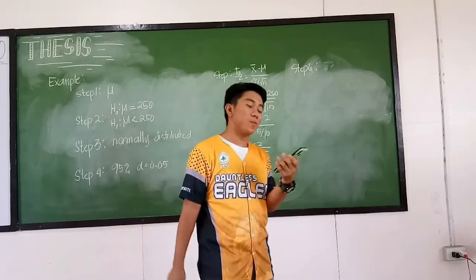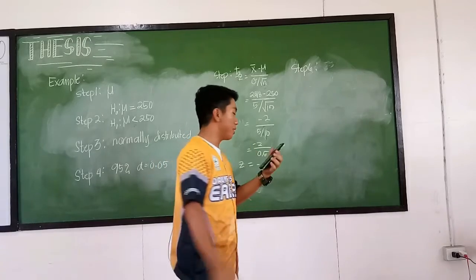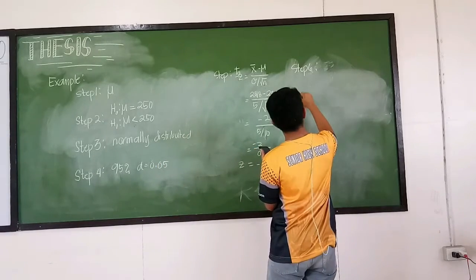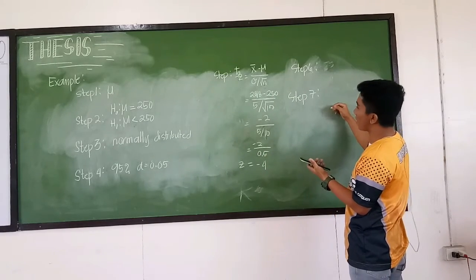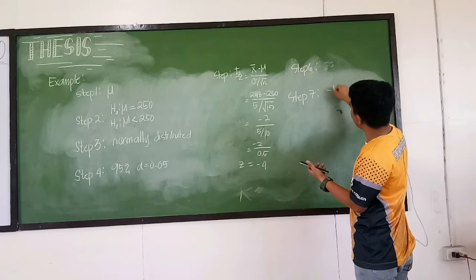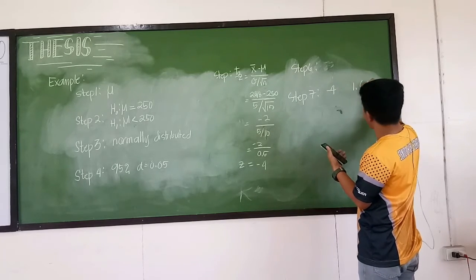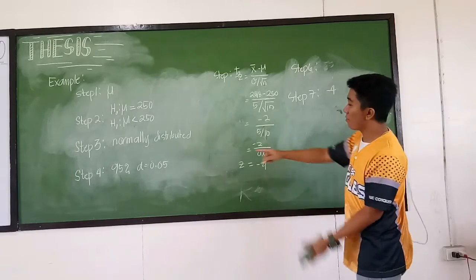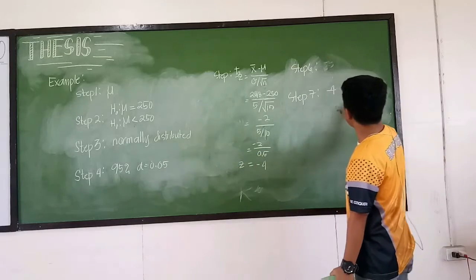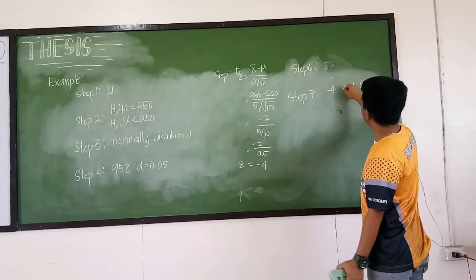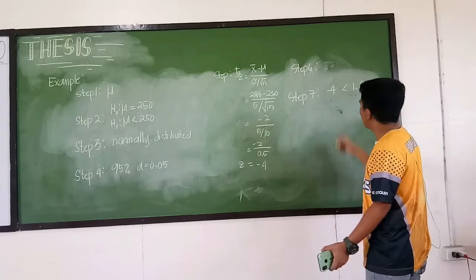And now, for step 7, we're going to compare the test statistic and the critical value. Since we have the test statistic, -4, and the critical value, which is 1.645, from the given significance level, and we have the less than, so -4 is less than 1.645.